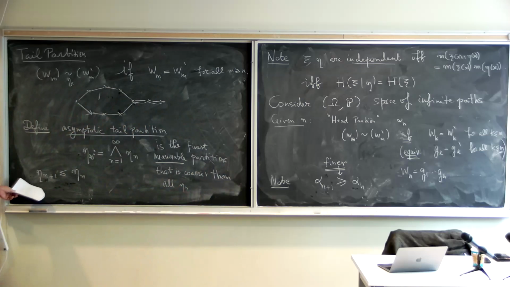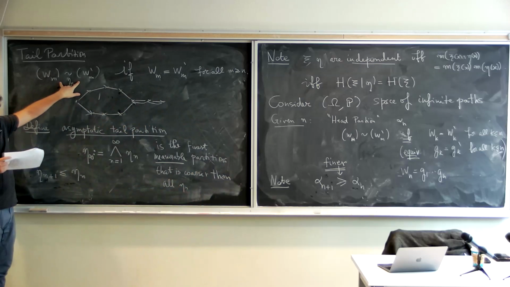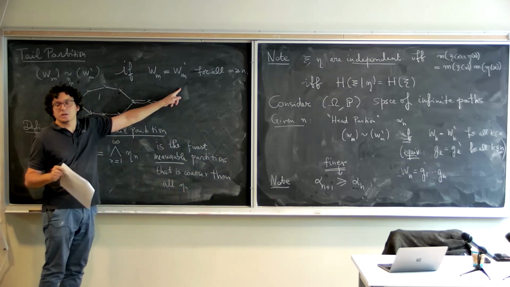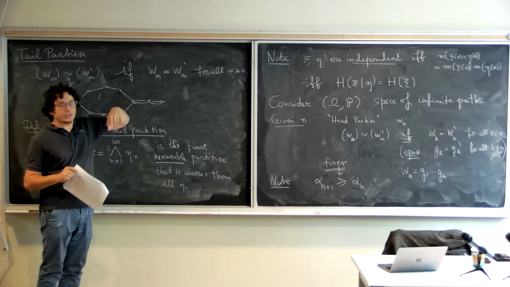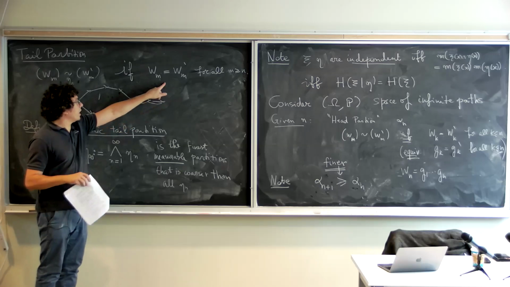Again, here we see the definition of Poisson boundary that I gave you. This is slightly different because here we quotient paths that coincide after some time in a synchronous way.